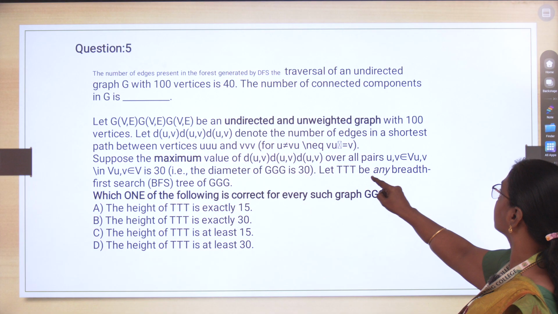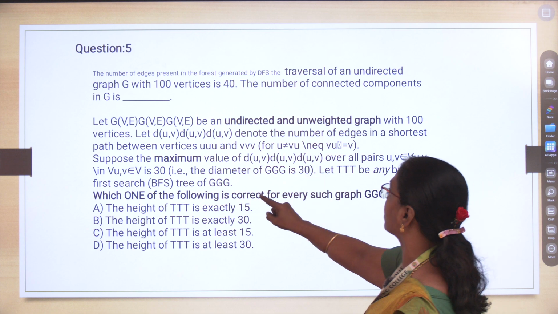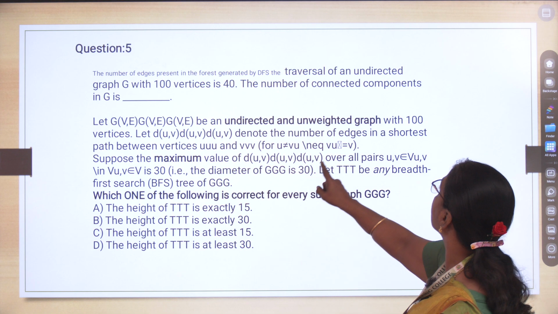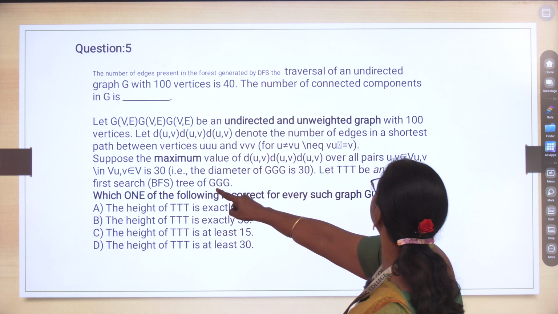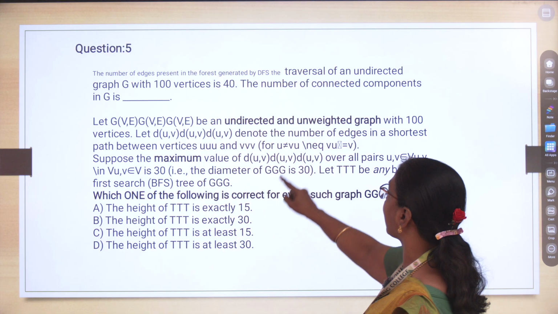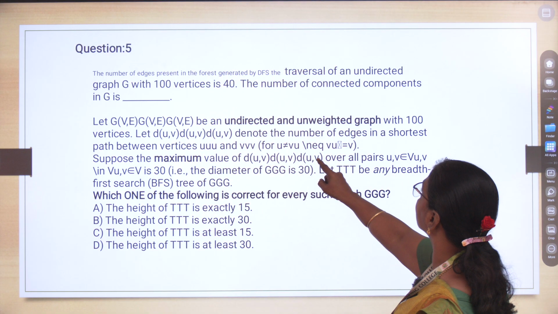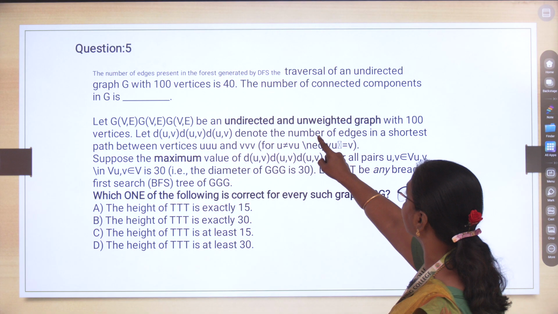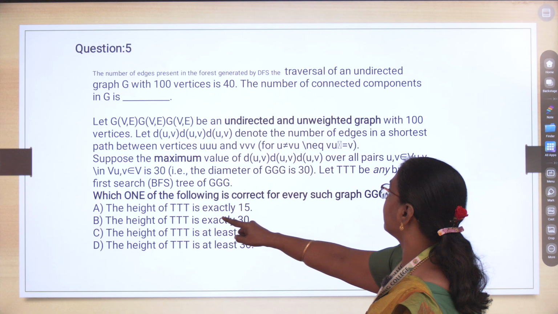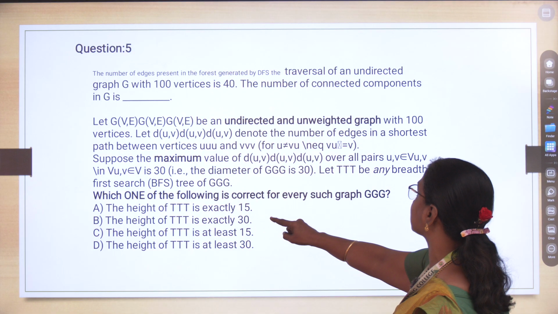So T denotes the depth of the breadth first search tree of the graph. So the height of the requirements is 60. Here we have 30 and the requirement is 100. So we have to specify the exact height of the requirements, and we have to find the breadth first search concepts of unweighted and directed. So the first option is correct, and the height of T is exactly 30.